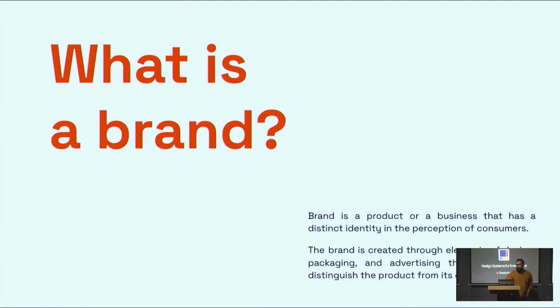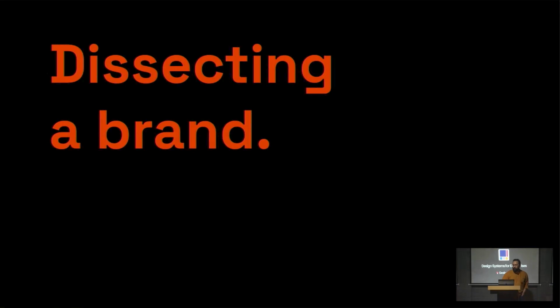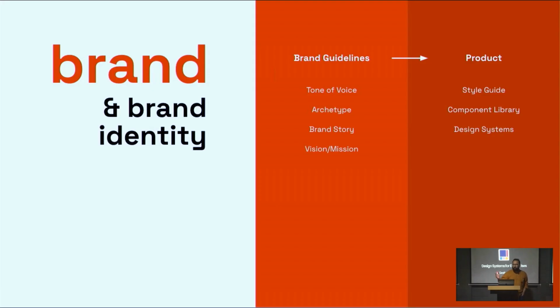So brand is that. And when we think of a brand, there are different facets to it, and what actually builds a brand is something we are trying to go into. If we dissect a brand, there are majorly two aspects to it: one is brand guidelines, and then we have the product.